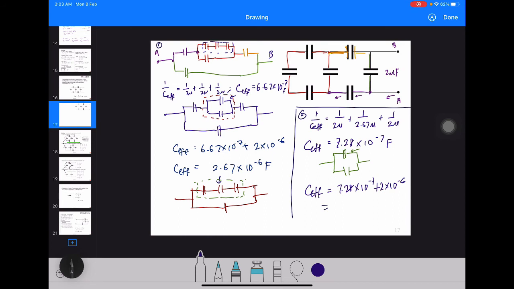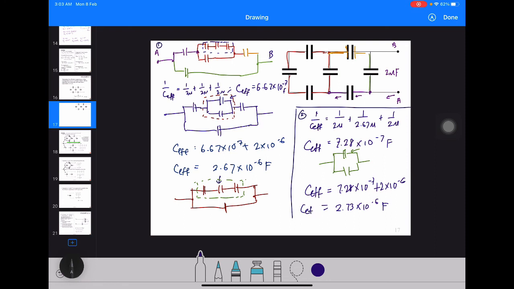Okay, I pressed the wrong button: 7.28 times 10 negative 7 plus 2 times 10 negative 6 gives 2.73 times 10 negative 6 farad.